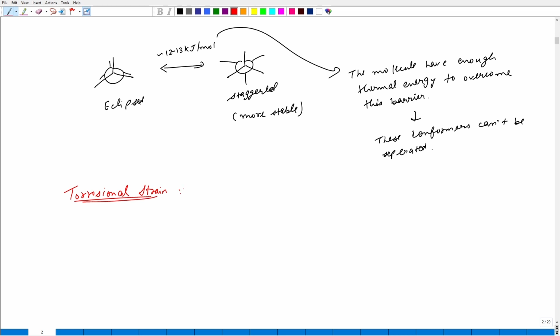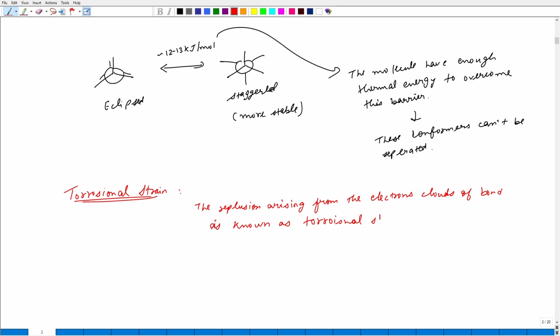Whatever I have told, that the staggered is more stable than the eclipsed because of the carbon-hydrogen electron cloud repulsion. Torsional strain in any molecule may be defined as the repulsion the molecule experiences because of the two different electron clouds of the hydrogens of any two bonds.